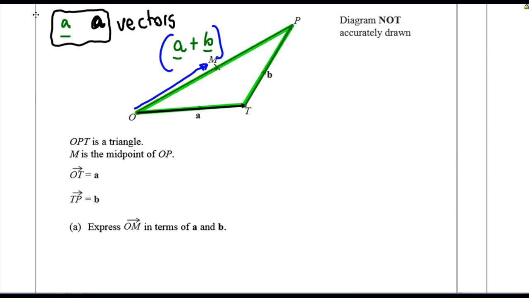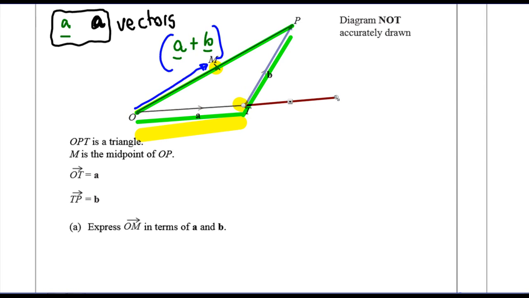So now we've got to get from T, which is here, to M. Well, not to panic too much, because we know how to go backwards along vectors. If we go the other way with A, I'm trying to get this arrow here.